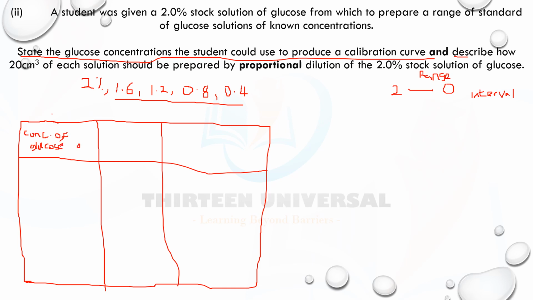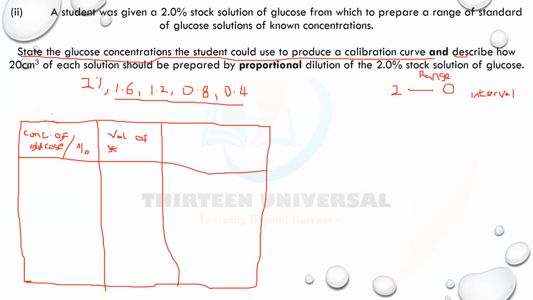Concentration is measured in percentage, only on the heading. Then this is the volume of the stock. Because you are going to dilute others from the stock, this is proportional dilution. So volume of stock solution, that's your V1 for each of them.